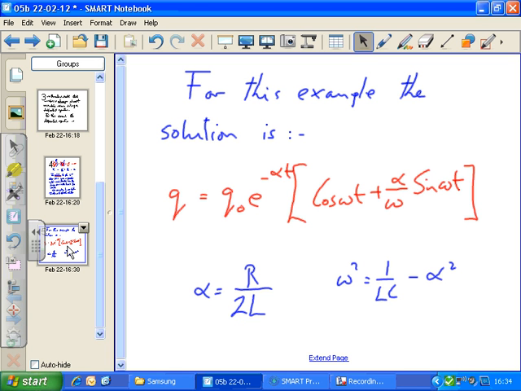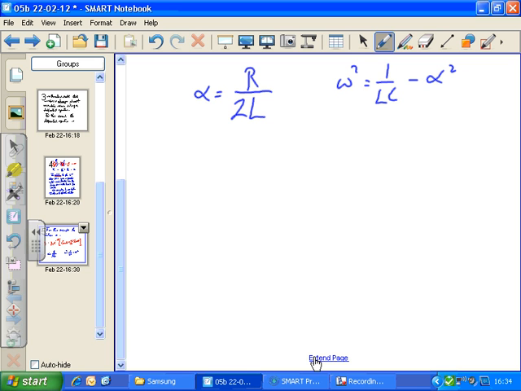Before we do, though, if we look at this part of it on its own, if t gets very large, what's going to happen to e to the minus alpha t? It's going to get very, very small. Let's have a look at this for a sec. For large t, large time, long time, e to the minus alpha t, what does minus mean?